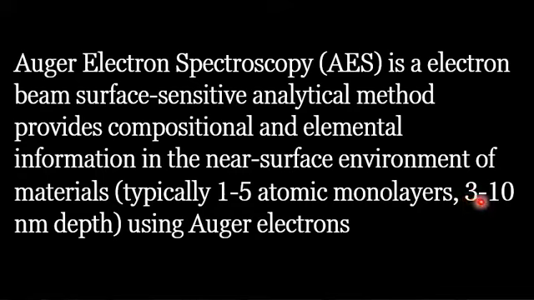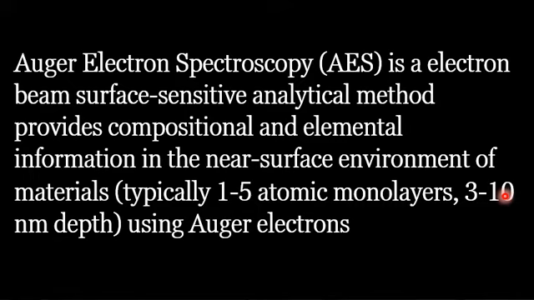Now the question arises: why can Auger electron spectroscopy give us information only in the range of 3 to 10 nanometer? Why can we not get Auger electrons from below 10 nanometer?